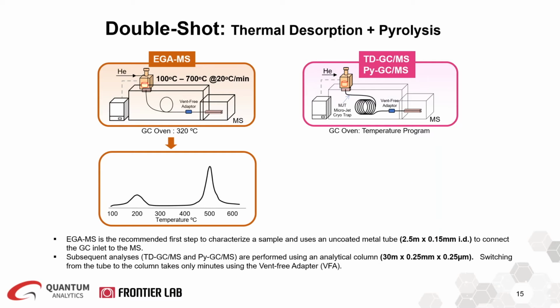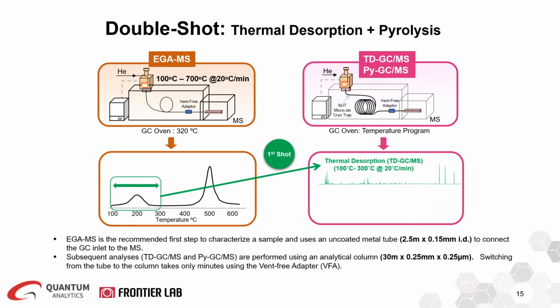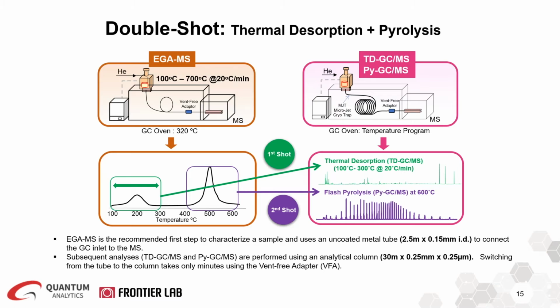Now, if you want to perform a double shot instead of a single shot from the obtained EGA, you first program the furnace from 100 to 300 C, to obtain the thermal desorption GCMS chromatogram that corresponds to any residual solvents, monomers, additives, volatiles, and lighter components from the first peak of the EGA, and then 600 C for the flash pyrolysis to analyze the heavier and polymeric compounds from the obtained pyrogram.